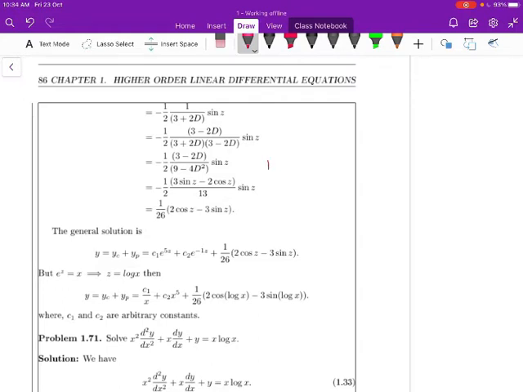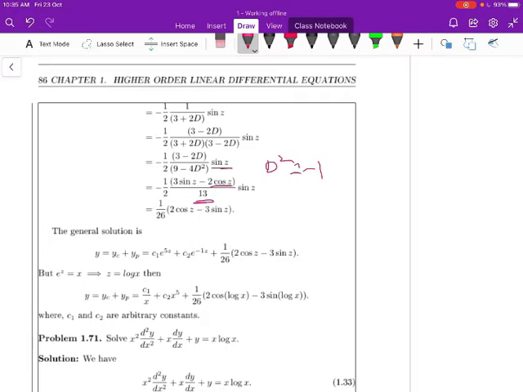So now we have to operate for d square, wherever d square is equal to minus 1 in the denominator, and in the numerator just multiply with sin z. So this implies minus half into 3 sin z minus 2 into differentiation of sin z is cos z. The denominator, if you take d square is equal to minus 1, minus of minus plus 4, 4 plus 9, 13 into sin z.